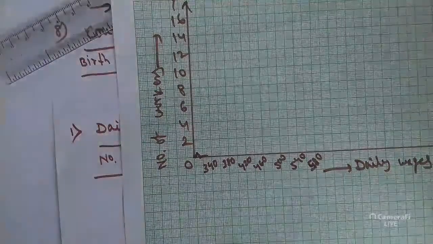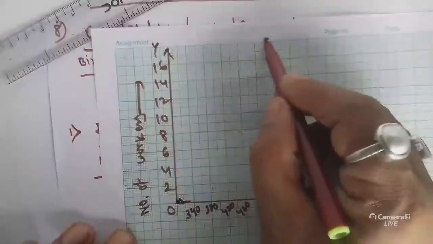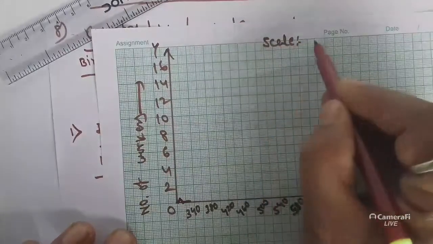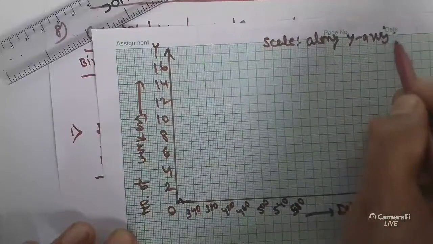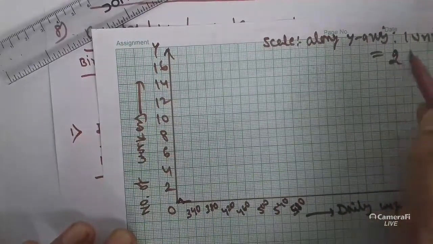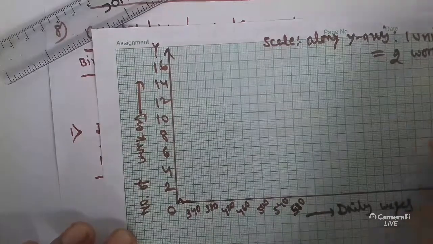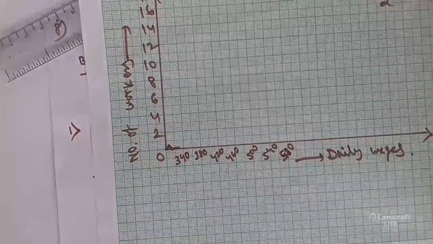We can take 2 at a time, or you can take 1, 1, 1, whatever you want. But here we have to write the scale also. So scale along y-axis, 1 unit is equals to 2 workers. You have to write the scale.